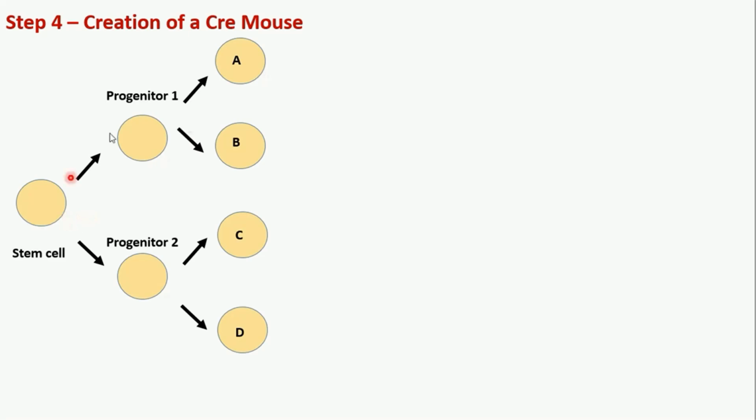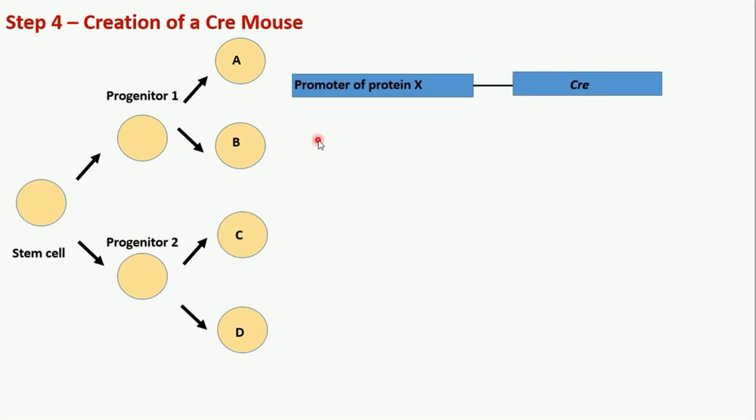Now, in step 4, we are creating a Cre mouse. How do we create a Cre mouse? I already told you that we have to trace the lineage from stem cells, then progenitors, and from progenitors the differentiated cells. And we are taking advantage of the fact that the stem cell expresses which protein?